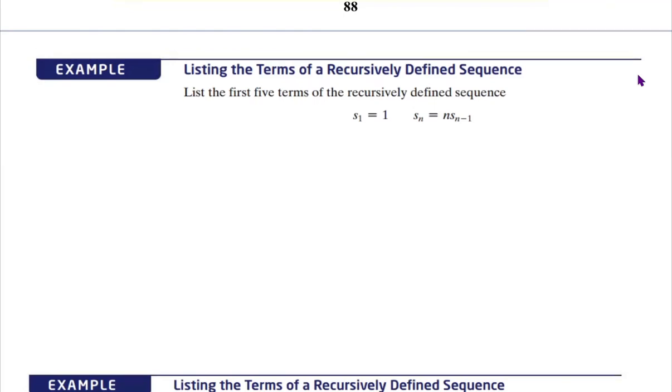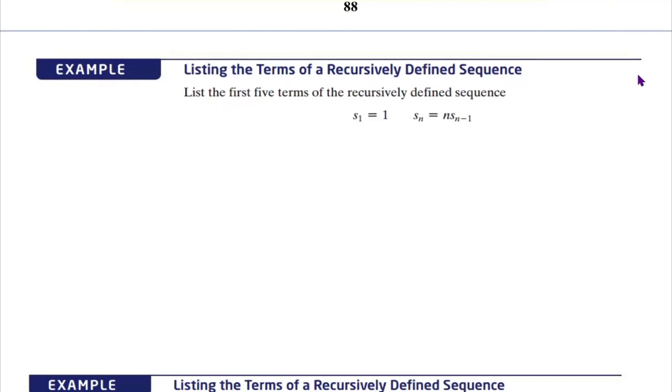It's like you find the terms by using the prior term. So if I know the prior term, I can find the term after it. So that's pretty much how the recursive property of a sequence is defined.